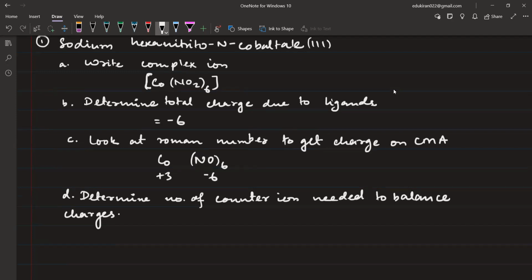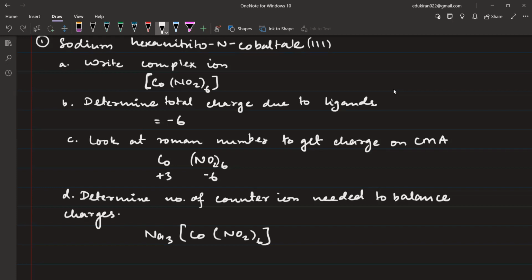So how many sodium atoms are needed? 3 sodium. Now we need Na3, and you have cobalt NO2 whole 6. Now all the charges are balanced. See, we need to do all of this because it is not very visible from the name whether sodium will be 1, 2 or 3. That is why we need to do this jugglery.